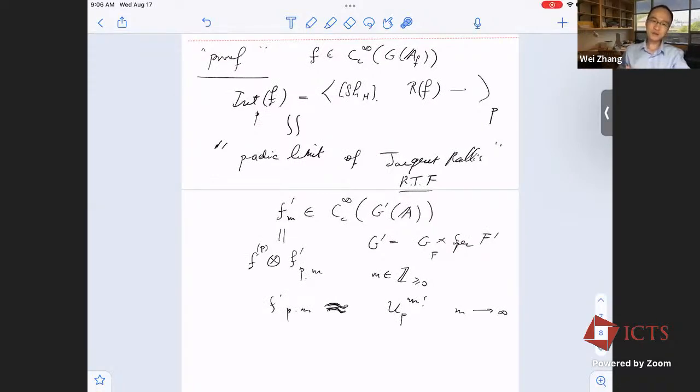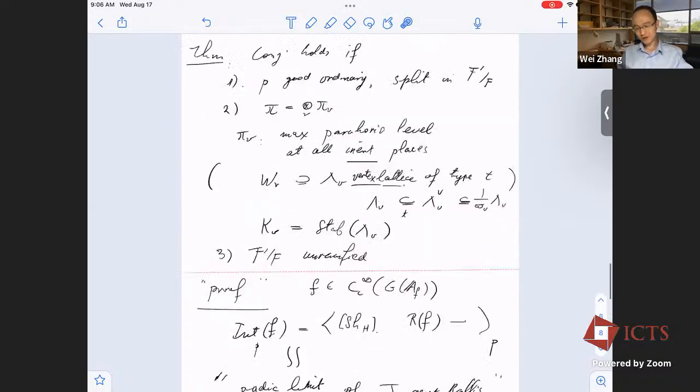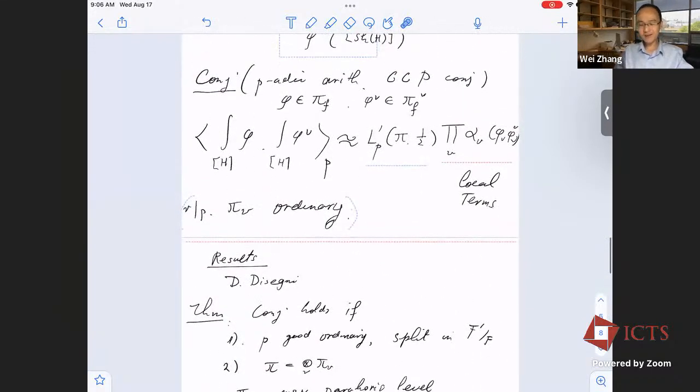Of course, I think it should be possible to prove, for some pi, that this is non-vanishing, because at least some orbital integrals will be non-zero. So to answer your question, if you give me a pi and ask whether I can prove the p-adic function we construct is not identically 0, the answer is no. I don't know how to prove it.